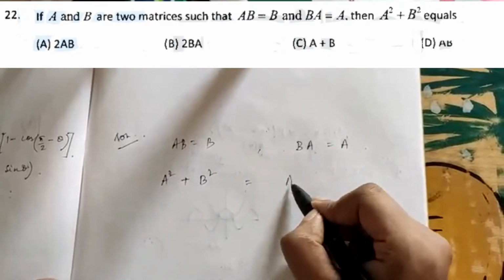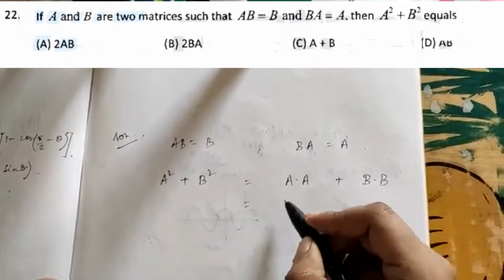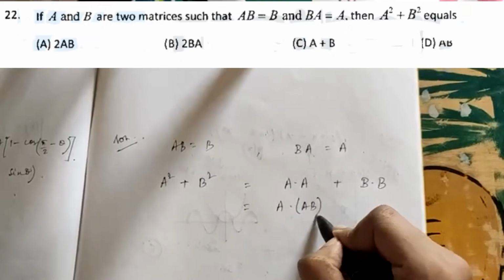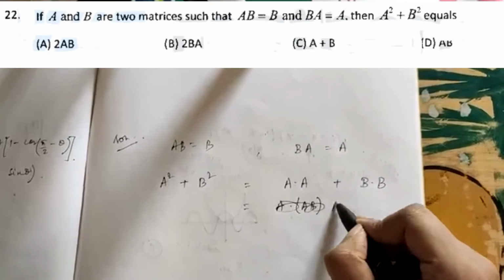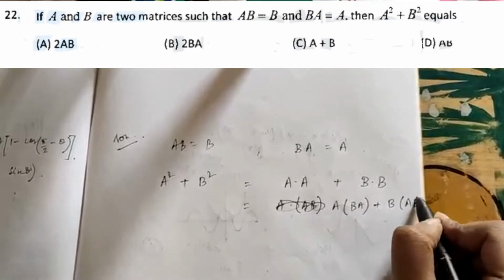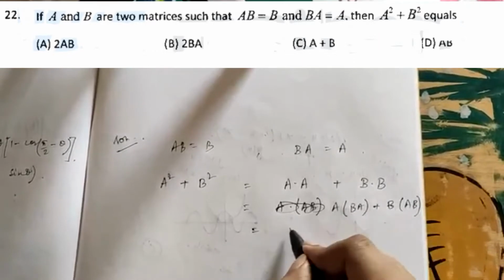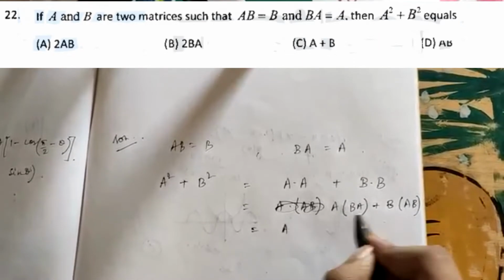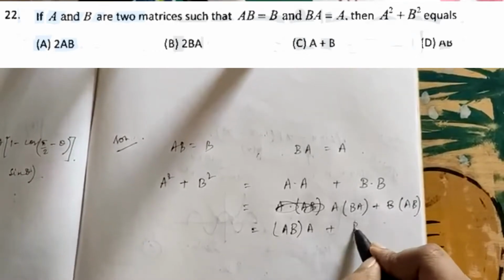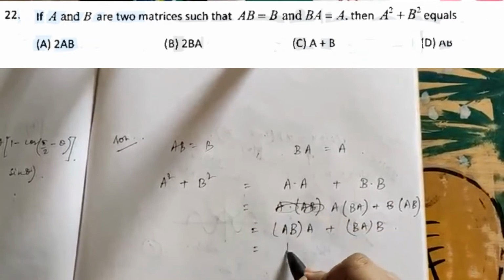I can write A square as A·A and B square as B·B. Now I can write one of these A as BA and one B as AB, so A·A plus B·B becomes BA·A plus AB·B. From the associative law I am doing it.